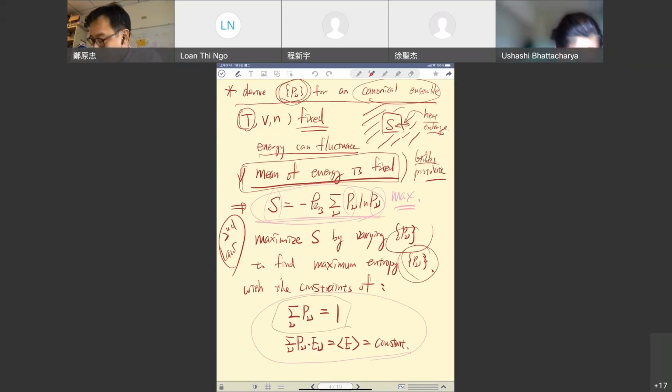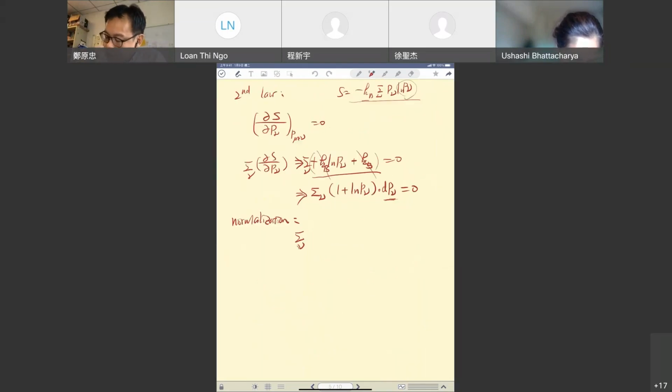So now, from this normalization condition, we can take the derivative. If we take the derivative, you find this equation: the sum of all dp nu must be 0. It's a constant, so take the derivative, its change must be 0. And this is actually very easily interpreted, because it means you can change the probability, but if you sum up all the changes, it goes to 0.